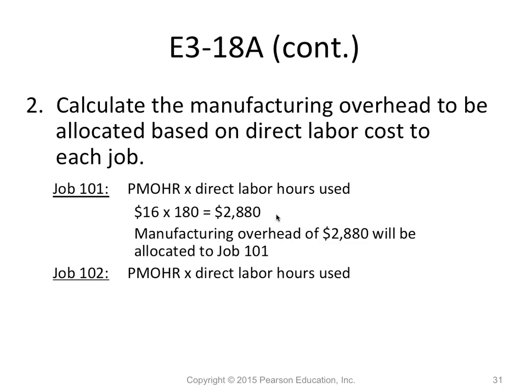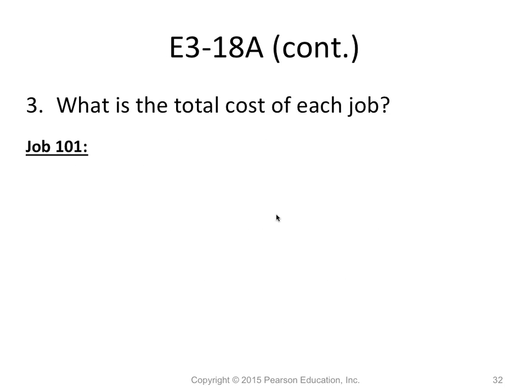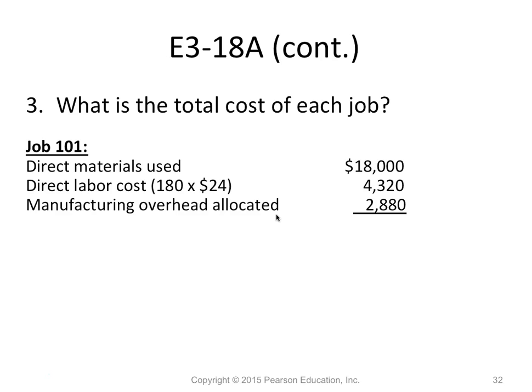And for number two, I think it's 74 hours, yes, times 16. It'll be another number to calculate. Then we can do the total of this. So total cost will be one here. It's the direct labor, listed here as 18,000, and direct labor cost is 180 times $24.